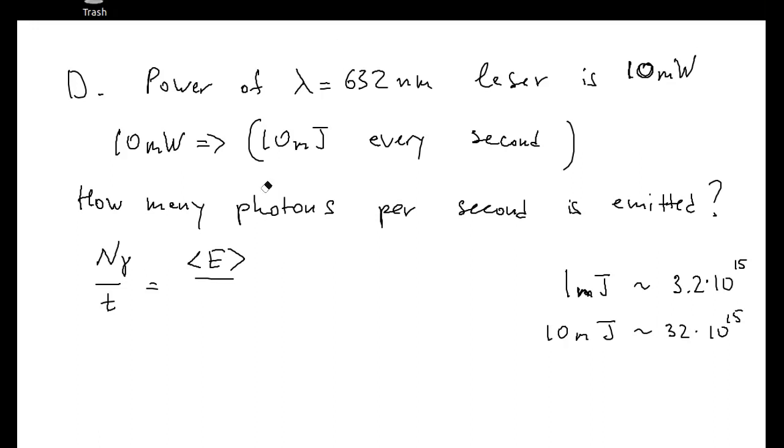What I'm trying to say, sorry, I'm trying to find an equation to use. The number of photons is energy over E gamma, per time. The energy per time, this is my power.